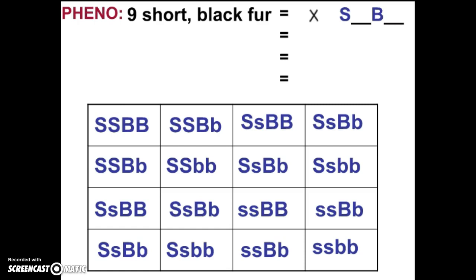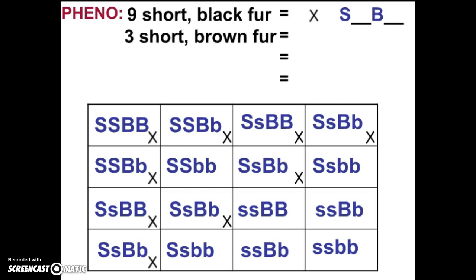So I'm going to mark all of those that have capital S something, capital B something with an X, so I don't count it twice. So when you peer through the boxes, you can check off the ones that have short fur and black fur. And as we can count there, we've got 9 of those.